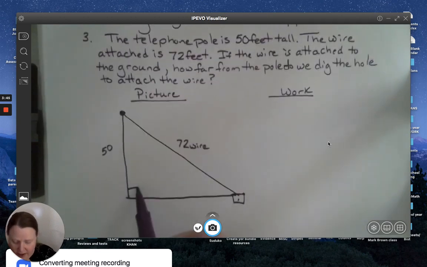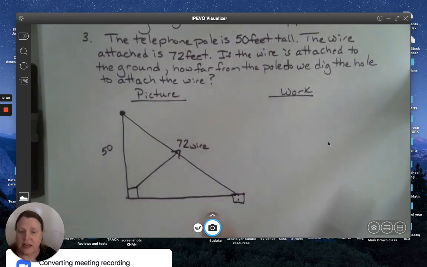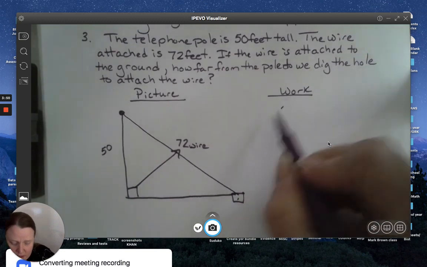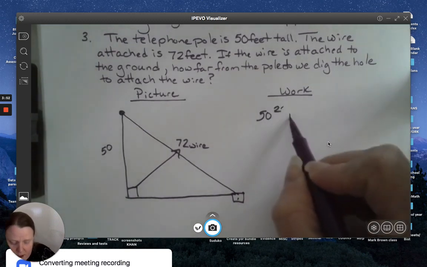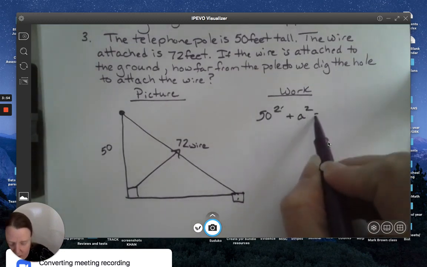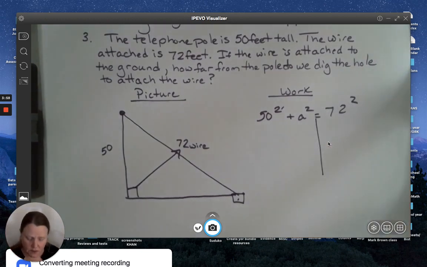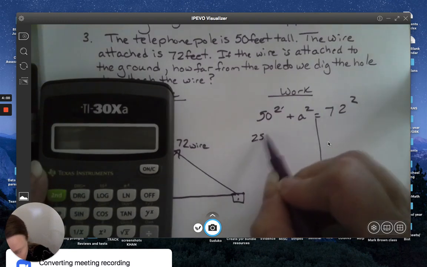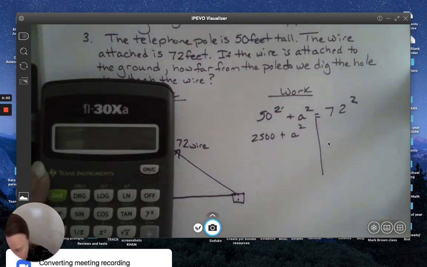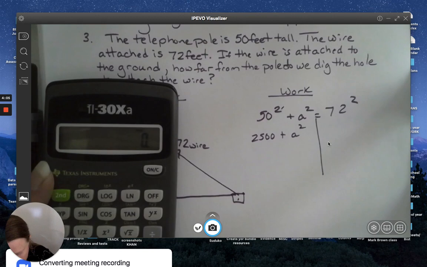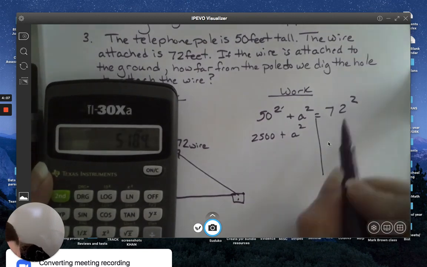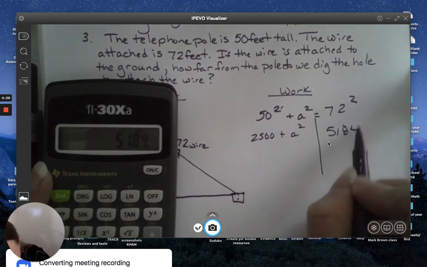So here's my right angle. This time I know the longest side, so I'm going to do 50 squared plus a squared equals 72 squared. Then we're going to solve it. So we have 2,500 plus a squared equals 72 squared, which is 5,184.